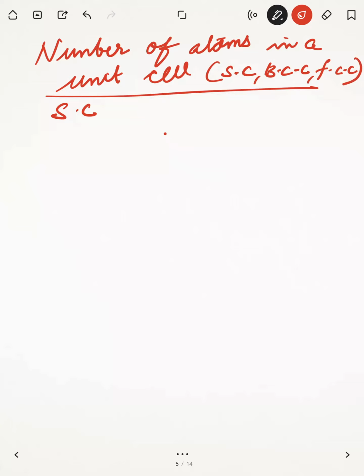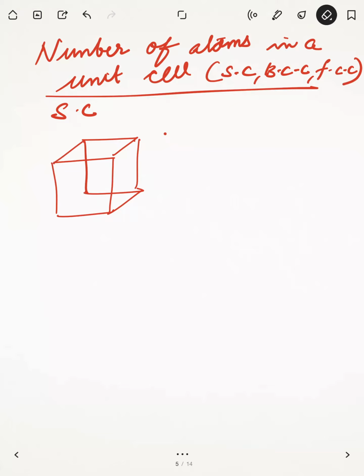So first one, simple cube. I am drawing a simple cube. In simple cube, that means primitive one, you see atoms only at the corners.